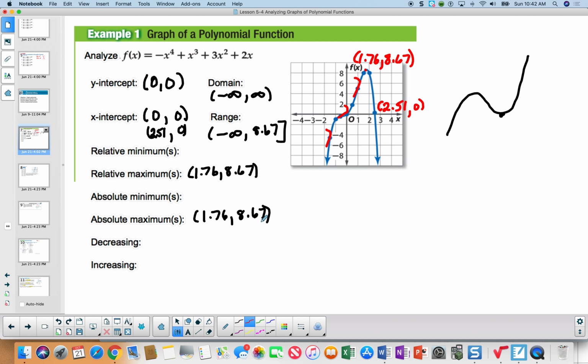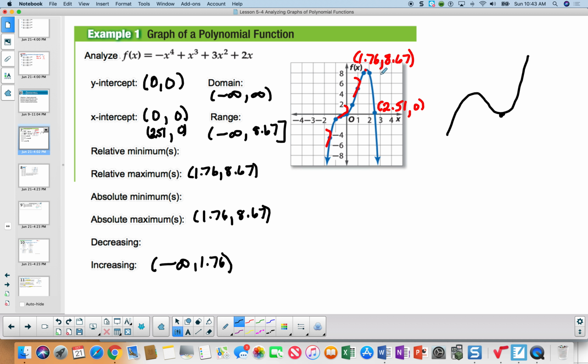When we look at the interval, we look at the x values where the y values are getting larger and larger. So increasing will go from negative infinity, and notice the skier's tips will go up until this maximum point, and the x value there is 1.76. So when we're talking about intervals, we're talking about the x's that go with these y's that are increasing.